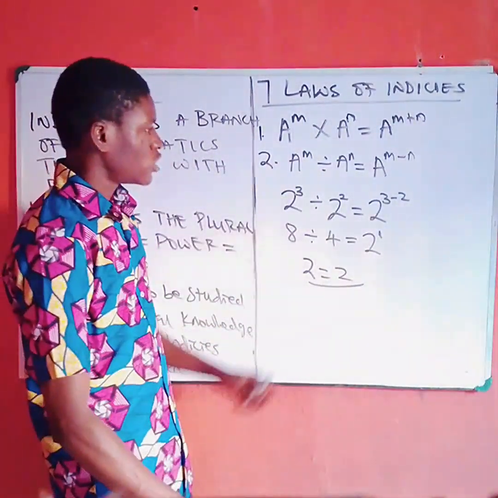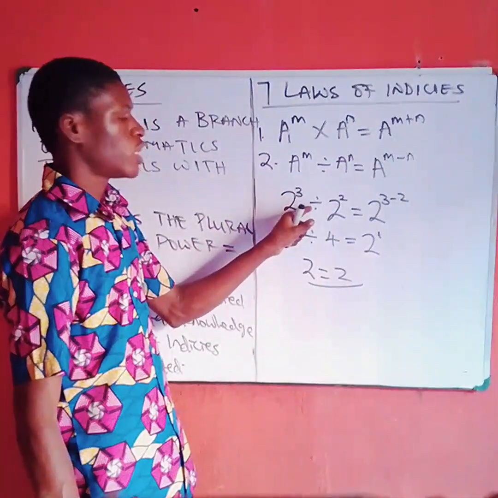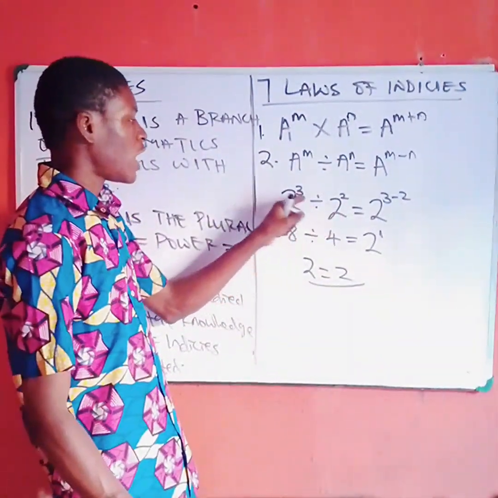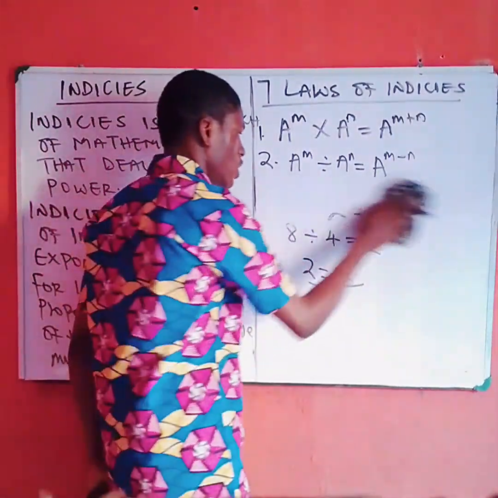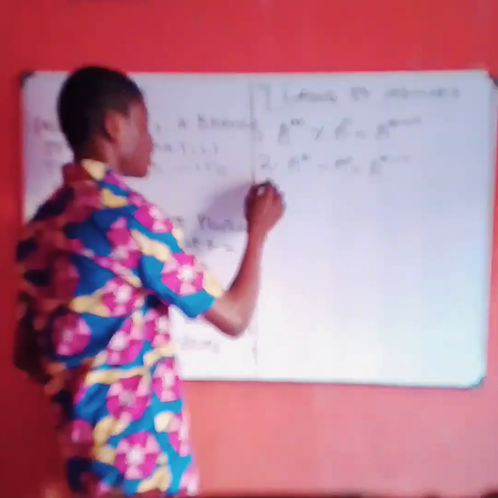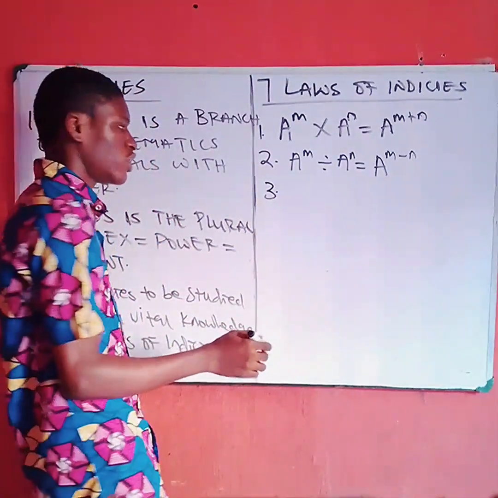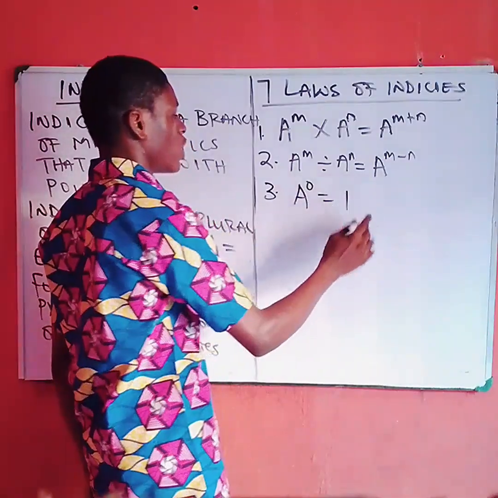Alright, so that's the second law of indices: if I have division and I have the same base, I can subtract the powers. So another law states, number 3, that a raised to the power of 0 is equal to 1.